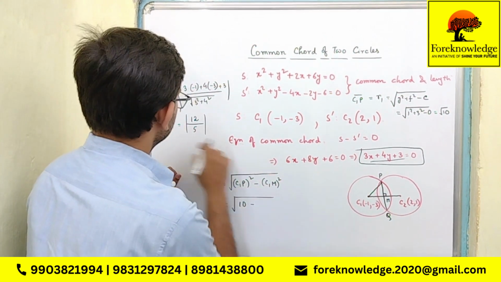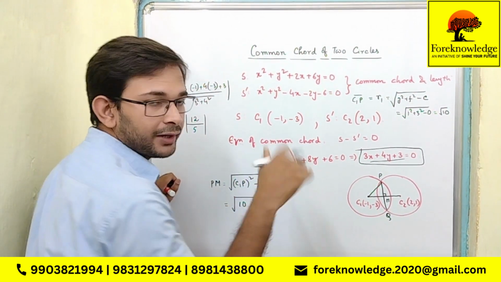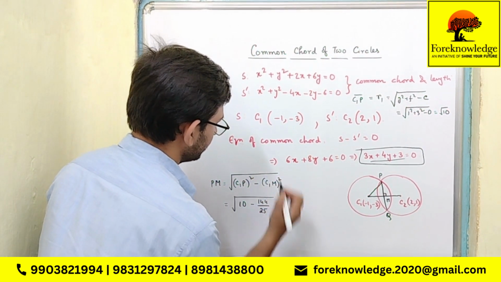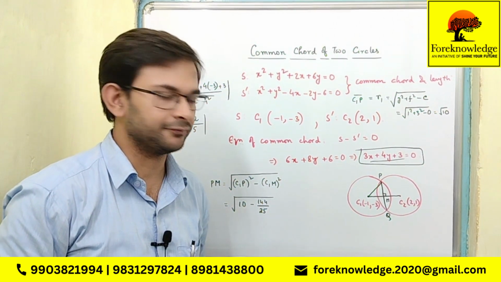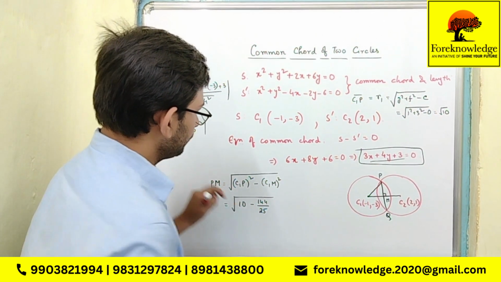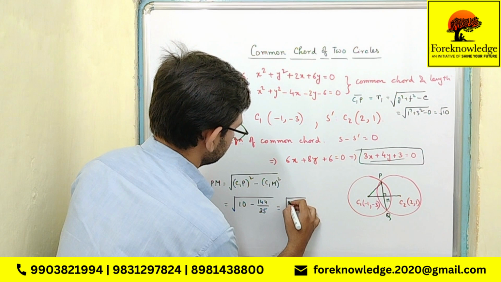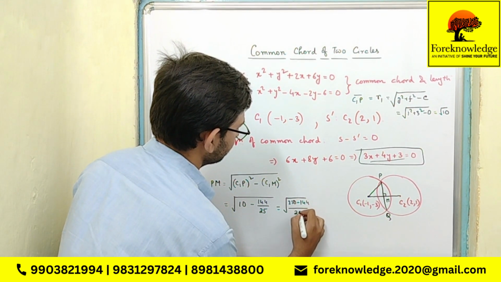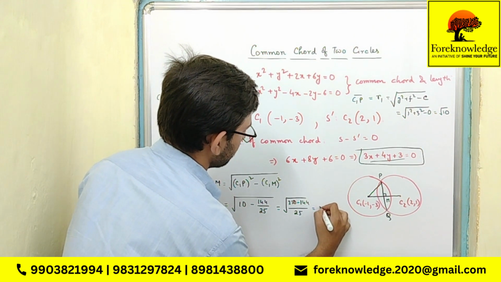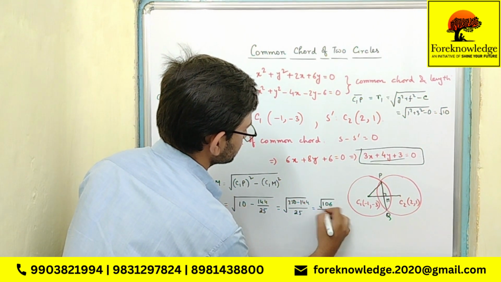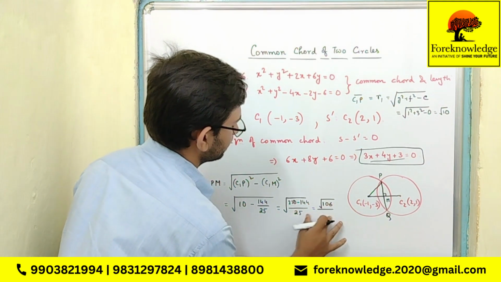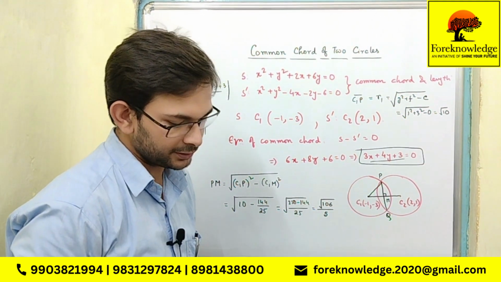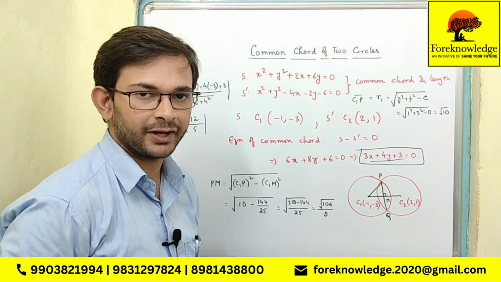So this is 12 by 5 whole square, so 144 by 25. So this is root under 250 minus 144 by 25. So this is nothing but root under 106 by 5. So half of the common chord is root under 106 by 5.